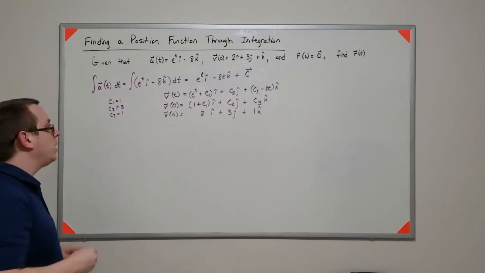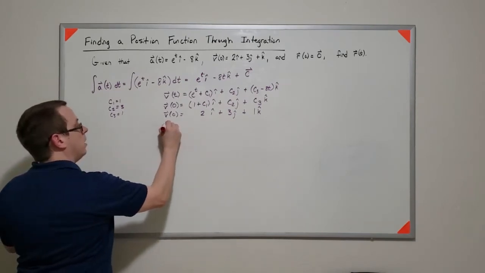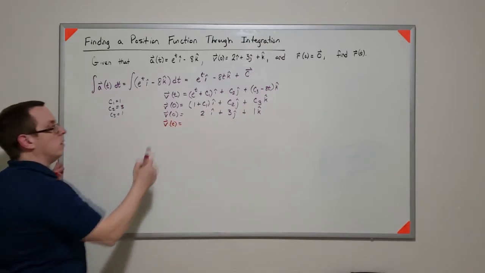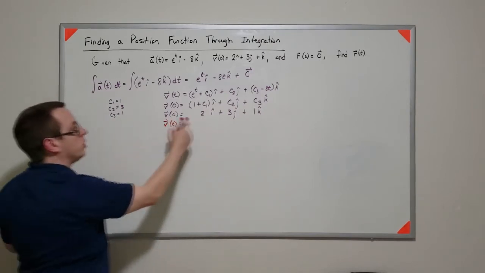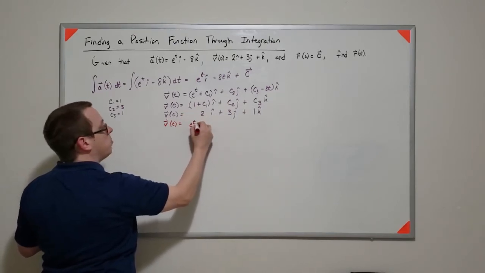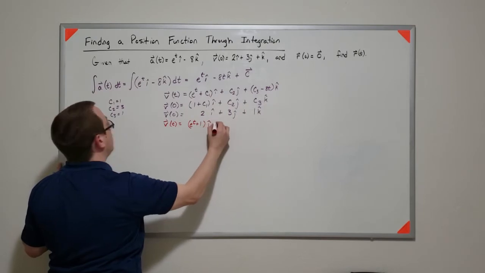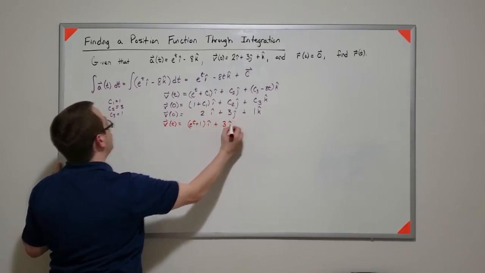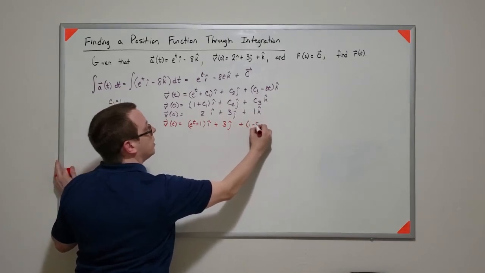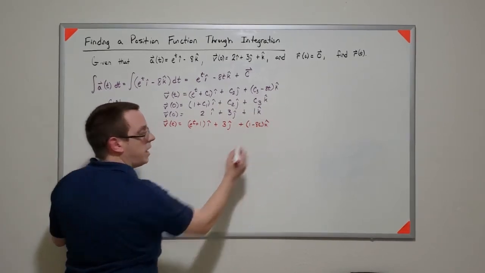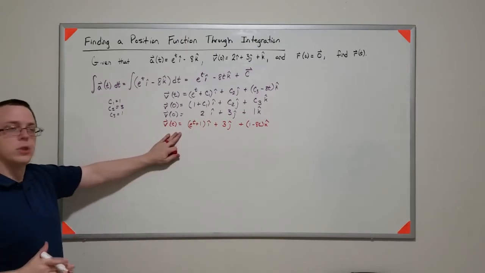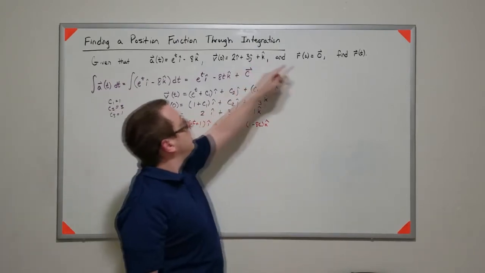What that gives me then is this velocity function, which is (e^t + 1) i plus 3 j plus (1 minus 8t) k, right? So I have a velocity function now, but I need a position function.